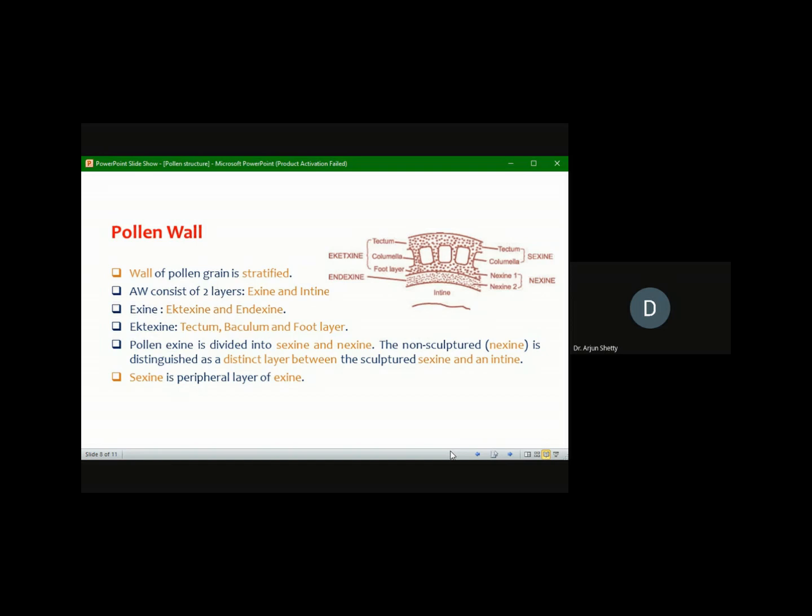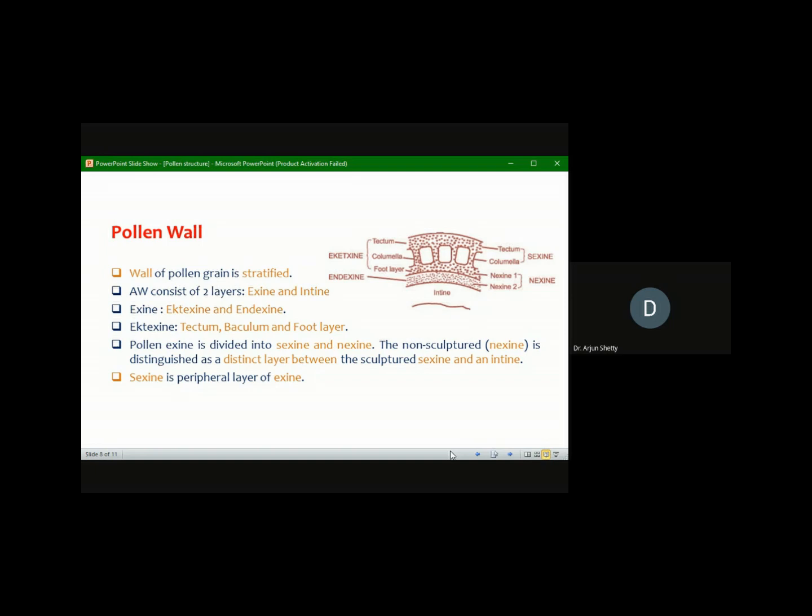In the fourth point, the ectexine has the tectum, baculum, and foot layer. This foot layer is nexine 1. The columella is the baculum.